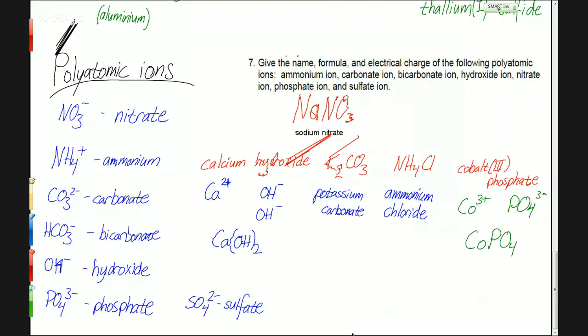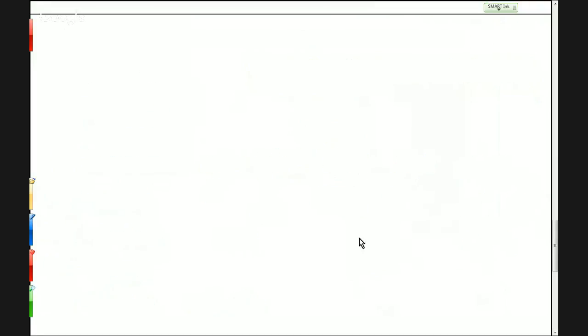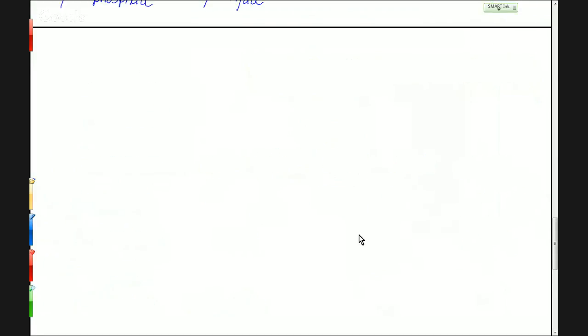All right, we're going to look at one last category of names, and then we'll put it all together and just try names in all categories without telling you what category it's in. If this thing works. So the last category is molecular compounds.